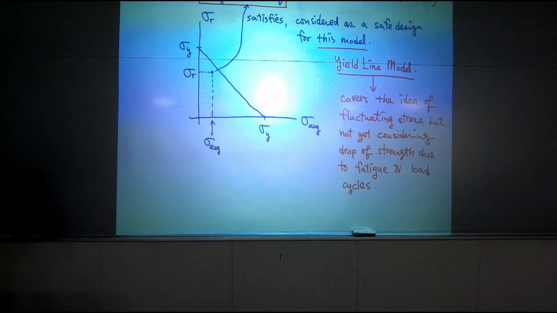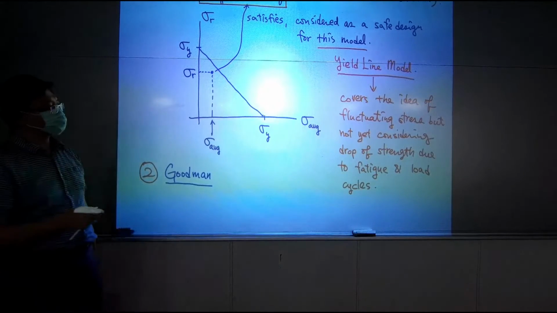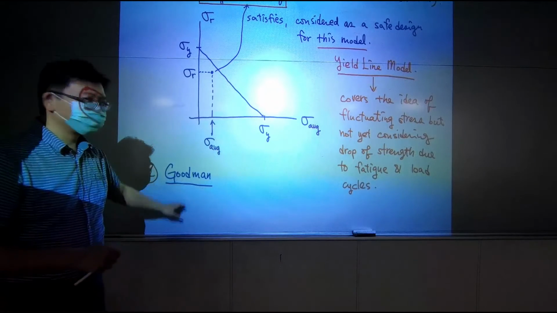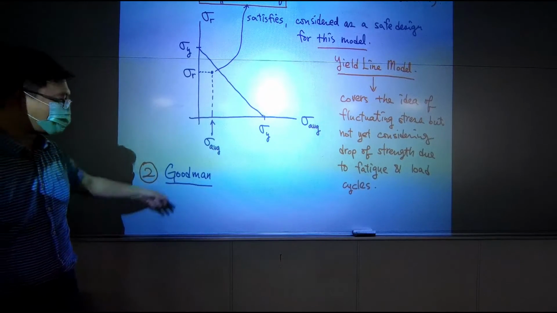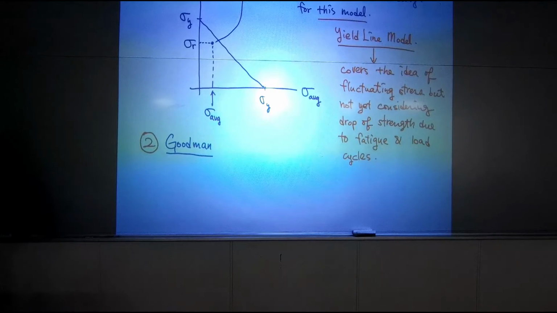This is the first model. So there's a second model. It's called Goodman. It's a person's name. The nicest person in mechanical design. Goodman. It's a joke. Anyway, I'm not sure if he's nice or not, but his name sounds like a nice person. Okay.